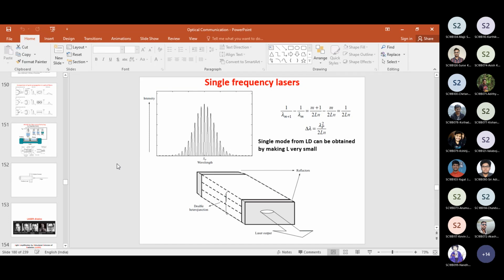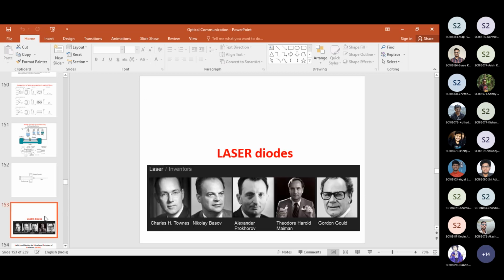For example, we have covered optical fibers and optical waveguides. So from now on, we'll discuss the various devices that are used for enabling an optical communication system. And the very first device we are going to discuss is the laser diode.